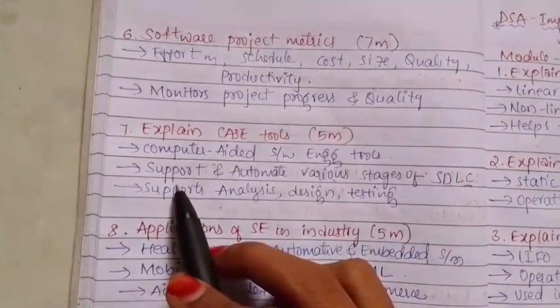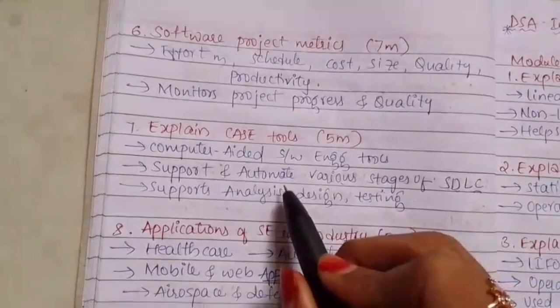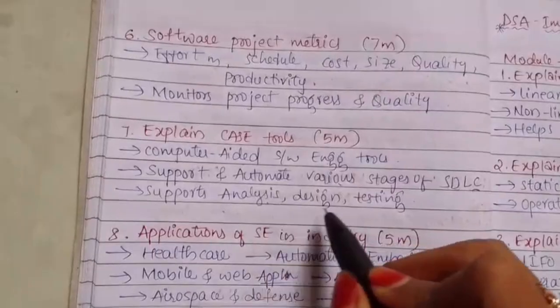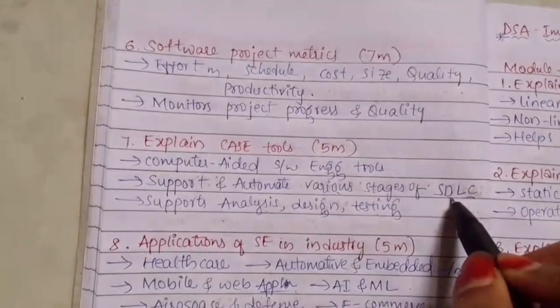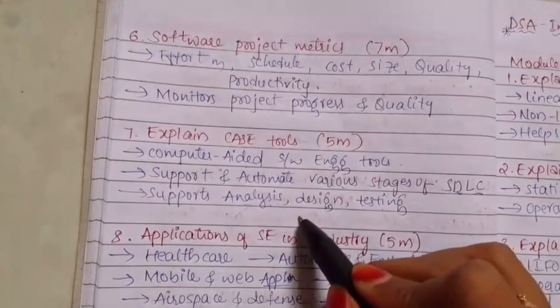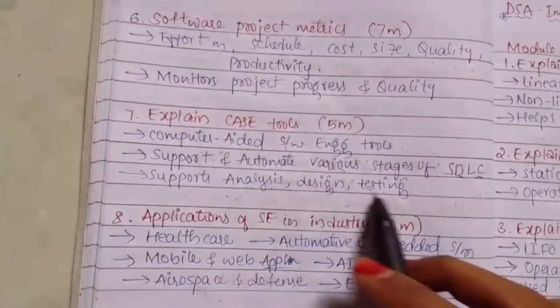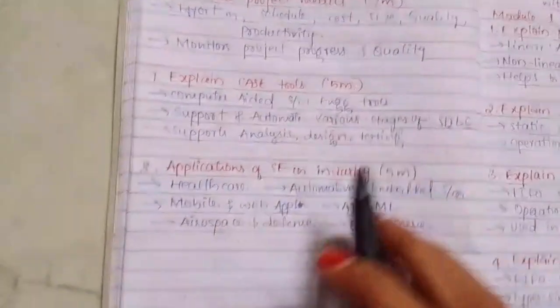It supports the analysis, design and testing. Software development life cycle stages means we have requirement analysis, design, testing, everything we have. It will support those. This is the CASE tools for 5 marks.